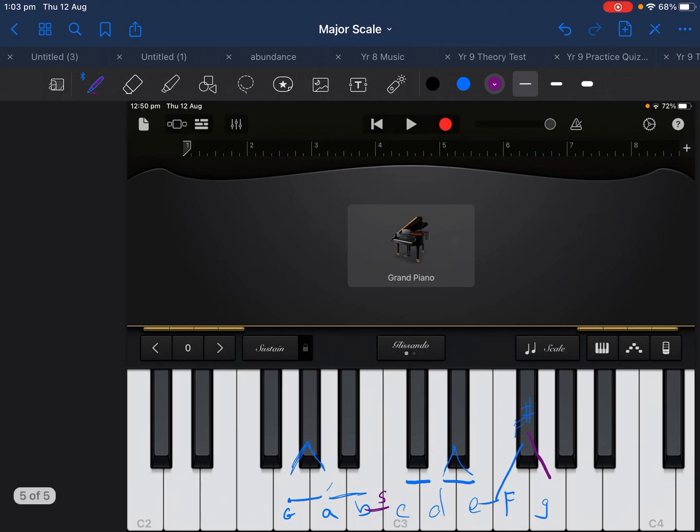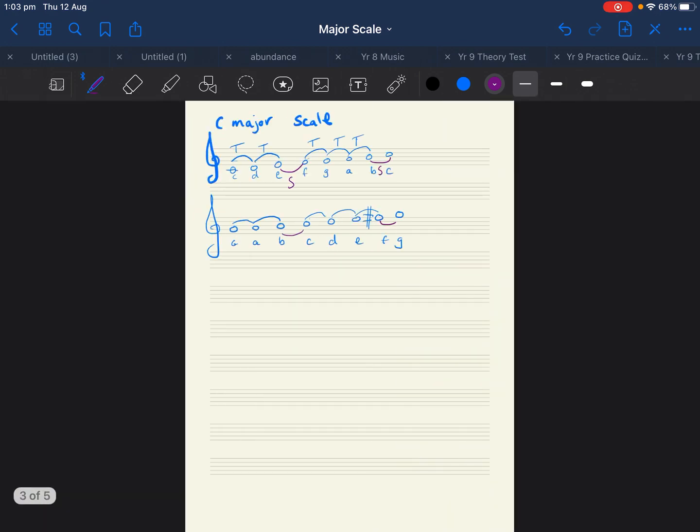And that's how we figure out our structure. So what I would like you to do now is to see if you can figure out the rest. So that's G major. So grab some notation paper and you're going to find out D major. Okay, so it starts here.